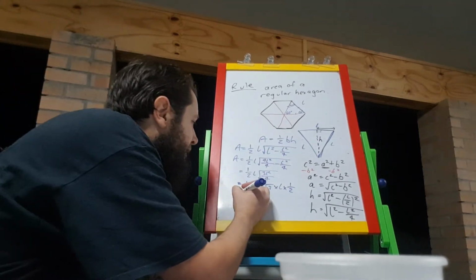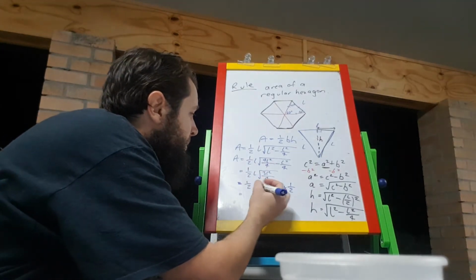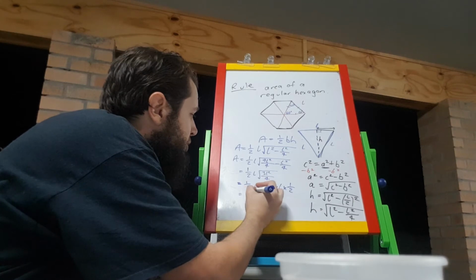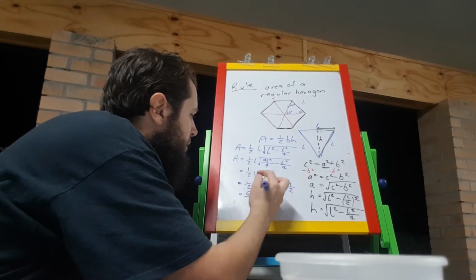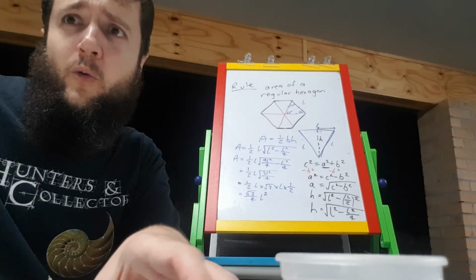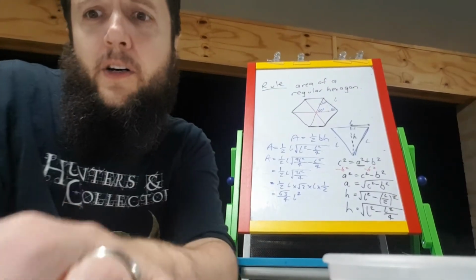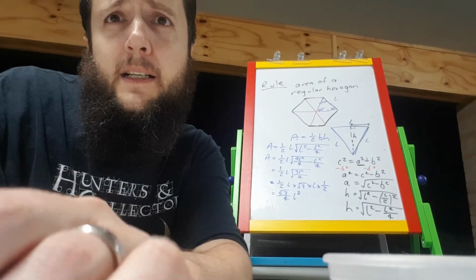If I clean all that up, 1/2 times 1/2 is 1/4. I put the root 3 on top. I'll get root 3 on 4 times L squared. Wow, I hope that I just did that right. Area of, because that's area of a hexagon.